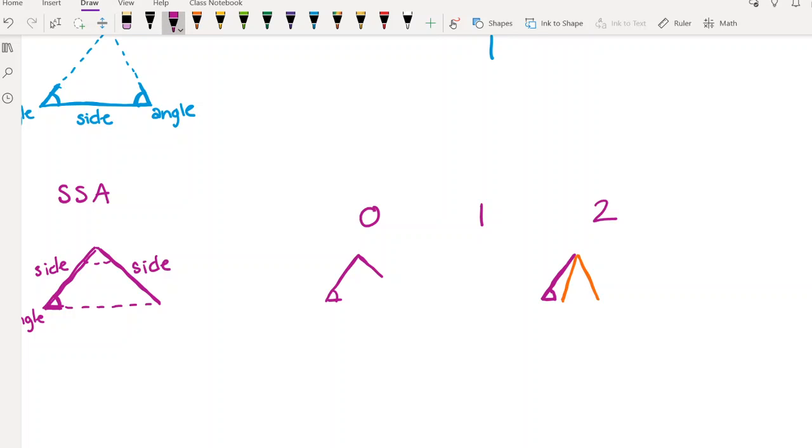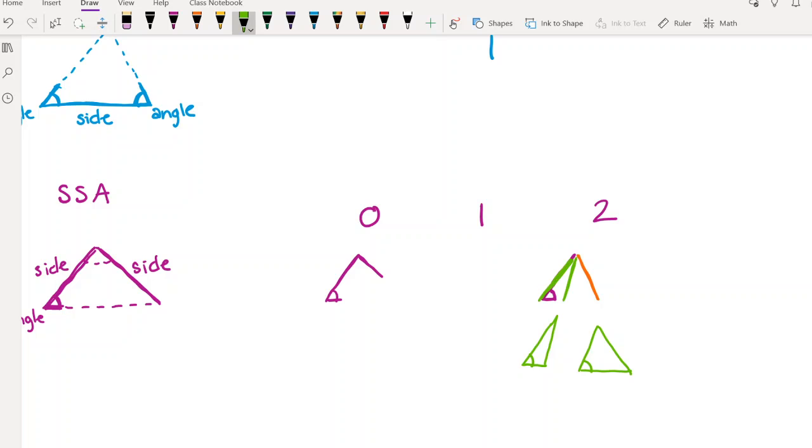So what do I mean by that? Basically, you have two different things that come out of this. And sorry, let me use a different color for this other one so that we can make two different triangles. So there's two different triangles. One would look like this, and the other one would look like this. All I'm really saying here is that these two triangles that I just drew have the same side length.